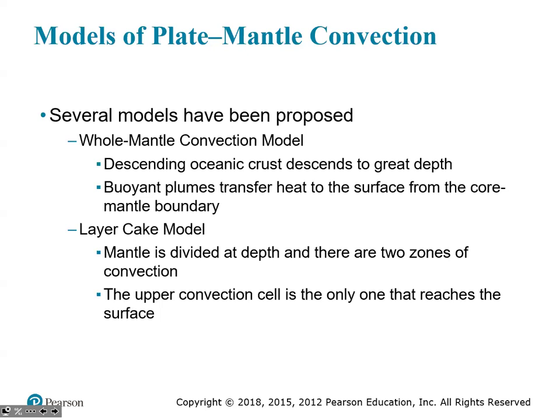So the convection cells in question are enormous. They go all the way from the boundary of the core and the mantle up to the crust.